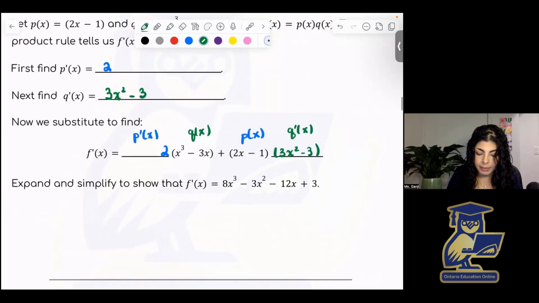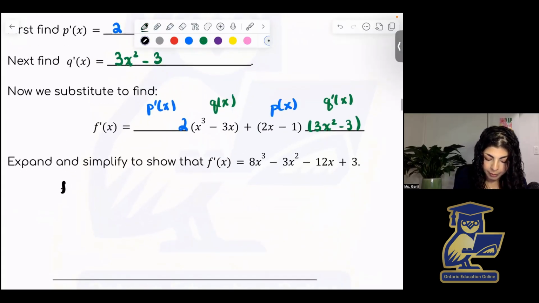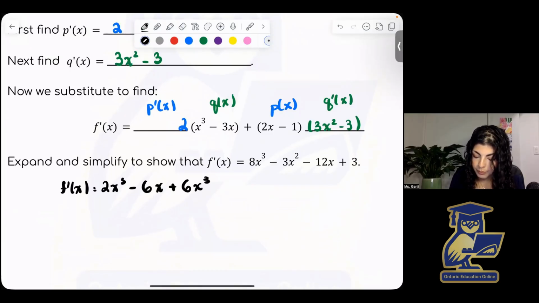And now we're going to expand this to show that it will actually equal this derivative right here. So f prime of x, we have 2x cubed minus 6x plus 6x cubed minus 6x and minus 3x squared plus 3.